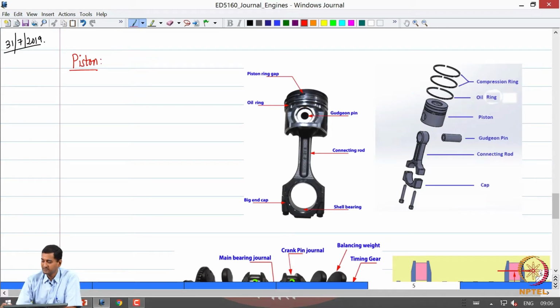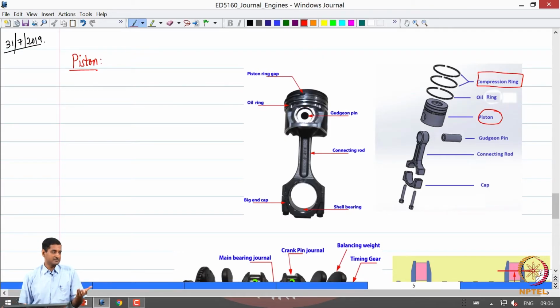If you look at the exploded view first, you have the piston itself, and that is fit in the cylinder or the combustion chamber using what are called compression rings. We have a very tight fit between the piston and the cylinder.